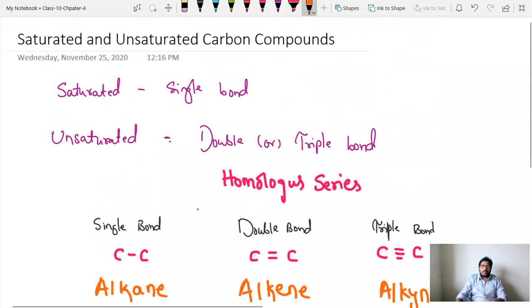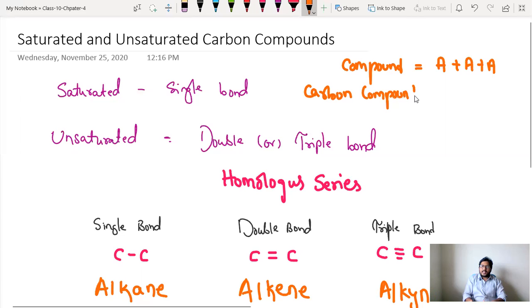So what we have understood regarding compound and carbon compound? We know compound is nothing but if there are two or more atoms combined, we can call it as compound. What is meant by carbon compound?